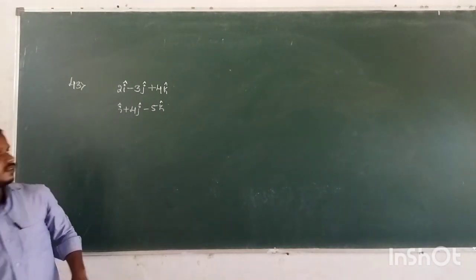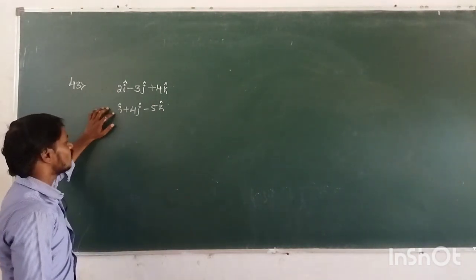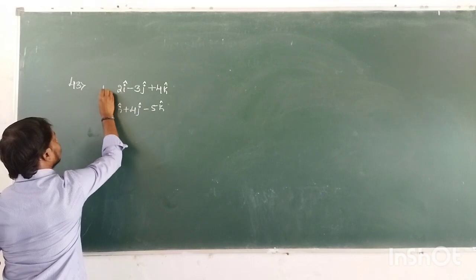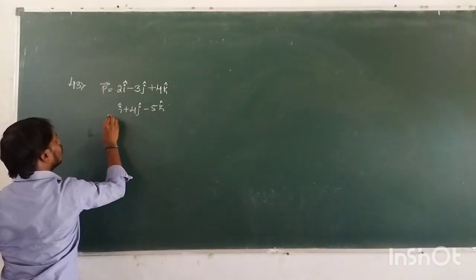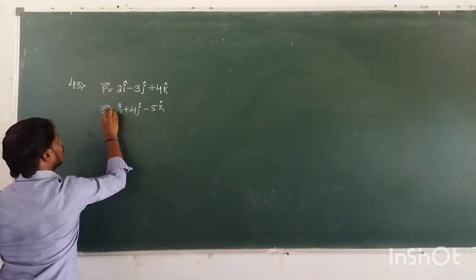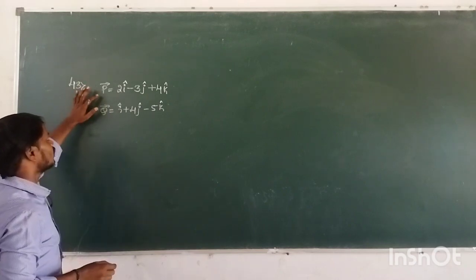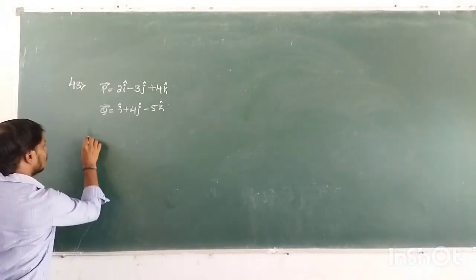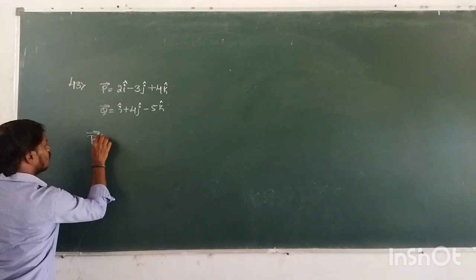Let us take this as vector p and this as vector q. We have to find the cross product of vector p and vector q, p cross q.